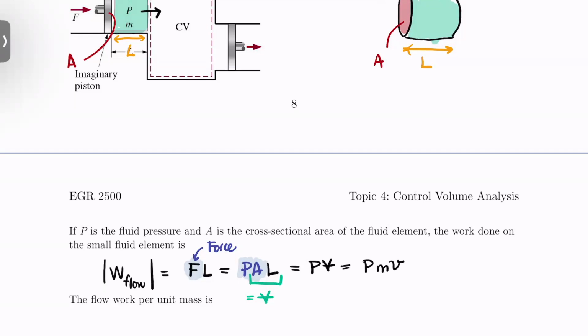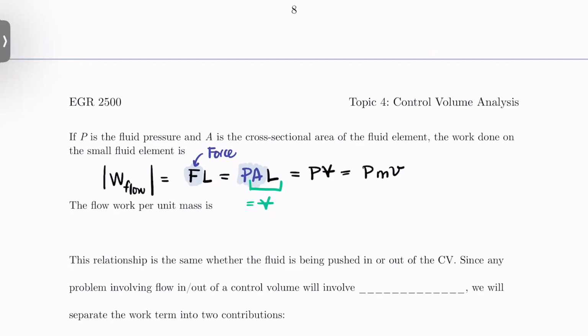Okay. So if we wanted to write this flow work per unit mass, that means that we just are going to divide this whole thing by mass. And since we divided by mass, it's specific flow work. So I'm going to give it a lowercase w. And this is just total flow work divided by mass, which is P times v.